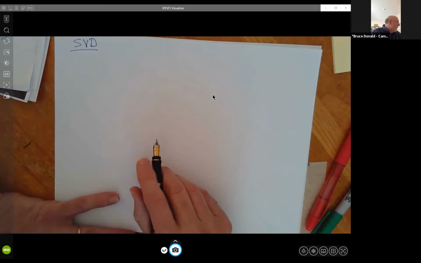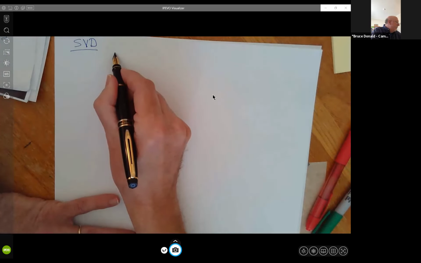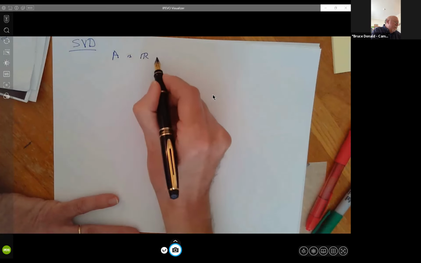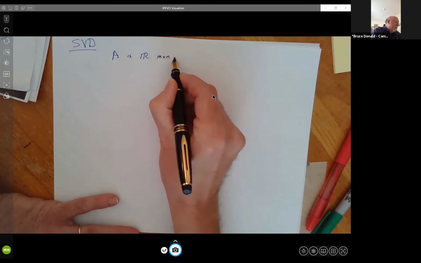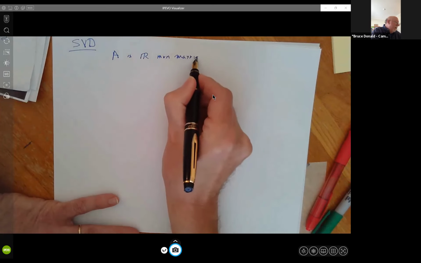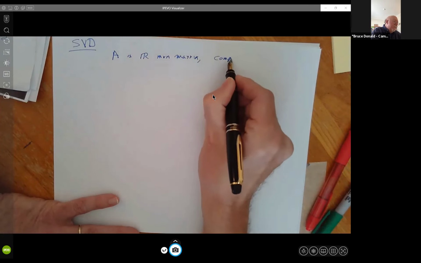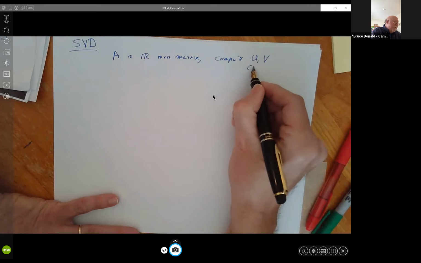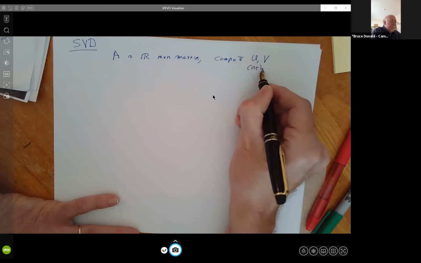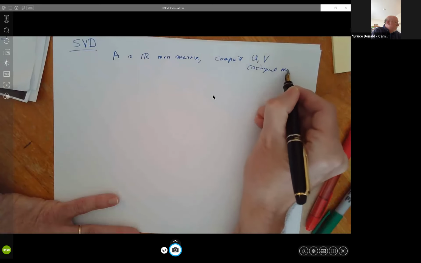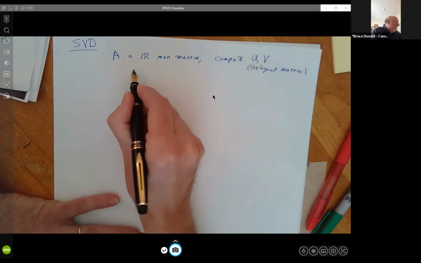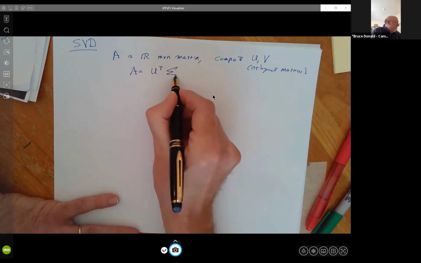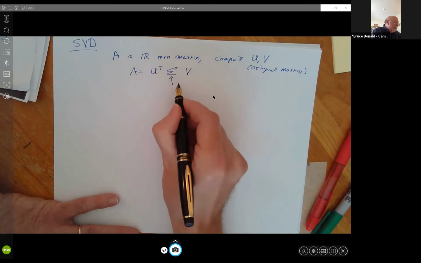But basically, the idea is if A is a real valued matrix, which is M by N, then you can compute U and V, which are orthogonal matrices, such that A is decomposed as U transpose sigma V, where sigma is a diagonal matrix.